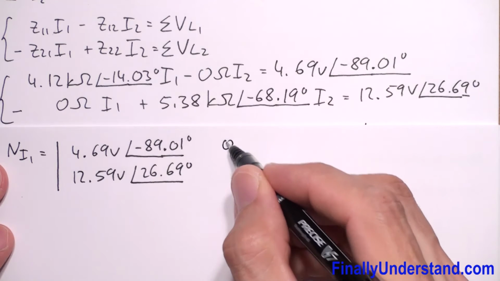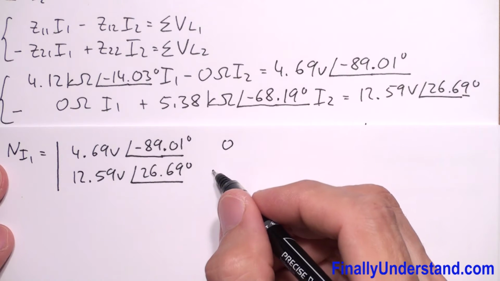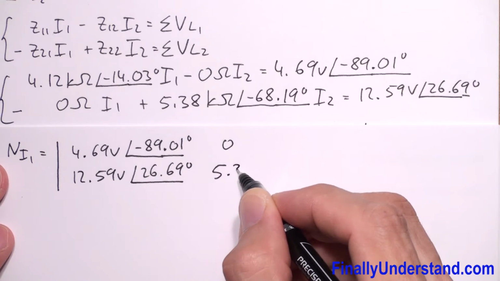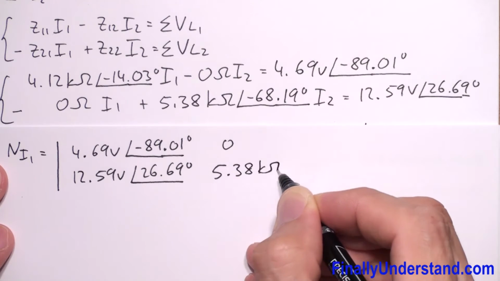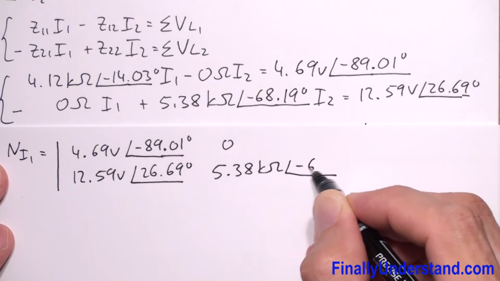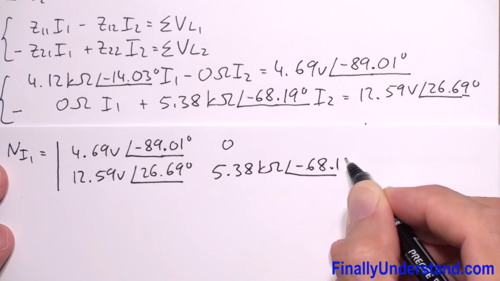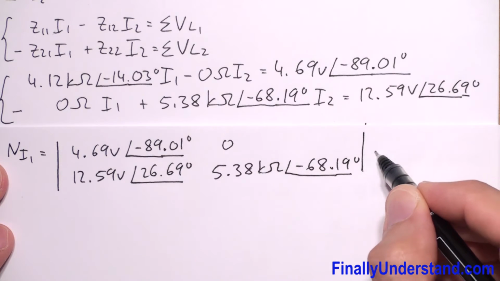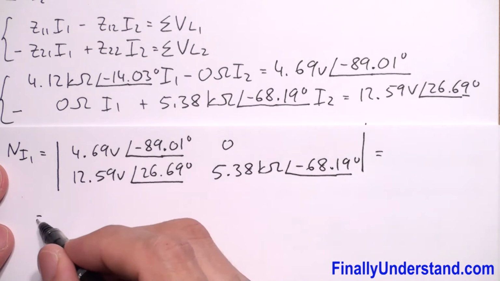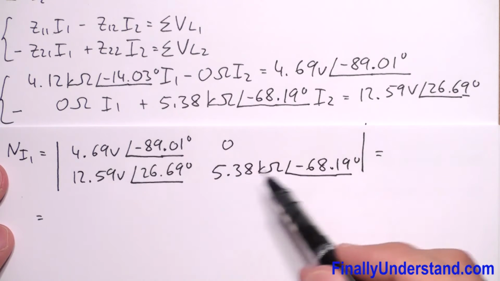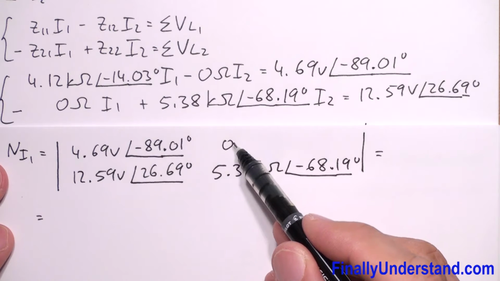And next I'm supposed to copy the column I2. So I have 0 and I have 5.38 kilo ohms and angle of negative 68.19 degrees. Okay, so we're supposed to solve it. I have to multiply this term by this, minus this times this.